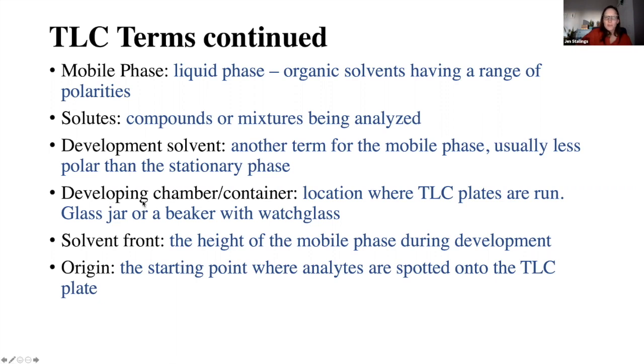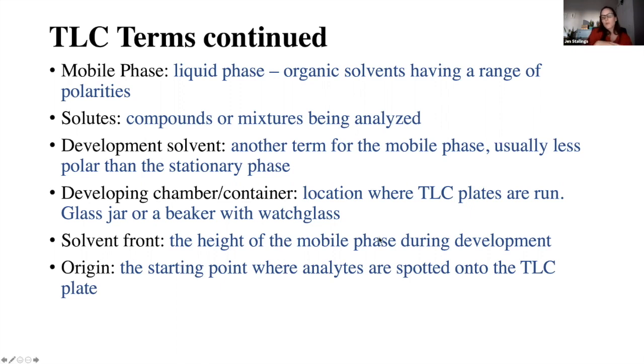Next is our developing chamber or container. Sometimes it's called development chamber, but developing chamber, container, it's where you're running TLC plates. Typically you use just a glass beaker and a watch glass, which is a concave piece of glass that you put over the top of the beaker.